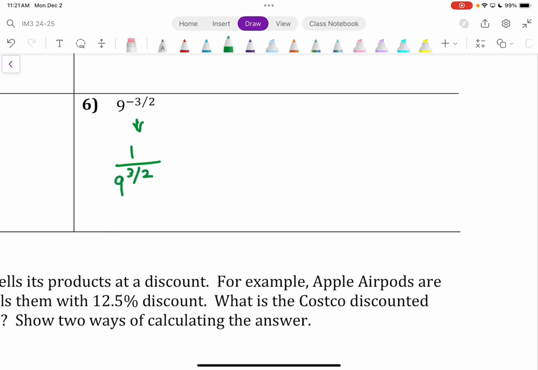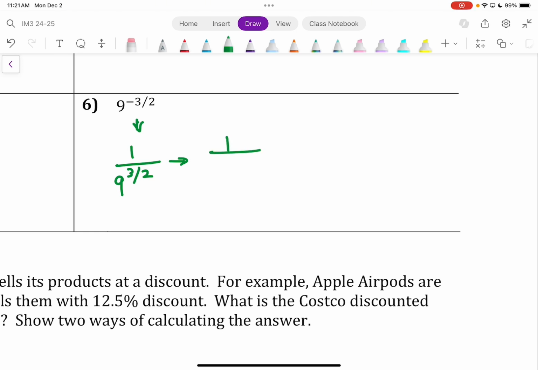What happened here was I took the reciprocal. I brought the 9 from the top and threw it down to the denominator, because that is the way you get rid of a negative exponent. Once you're at this step, then you can use the fractional exponent rule to solve for what you're looking for.